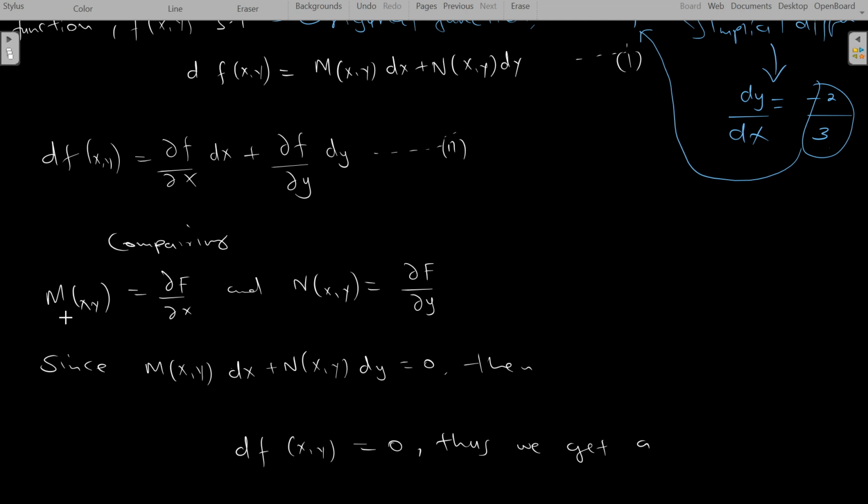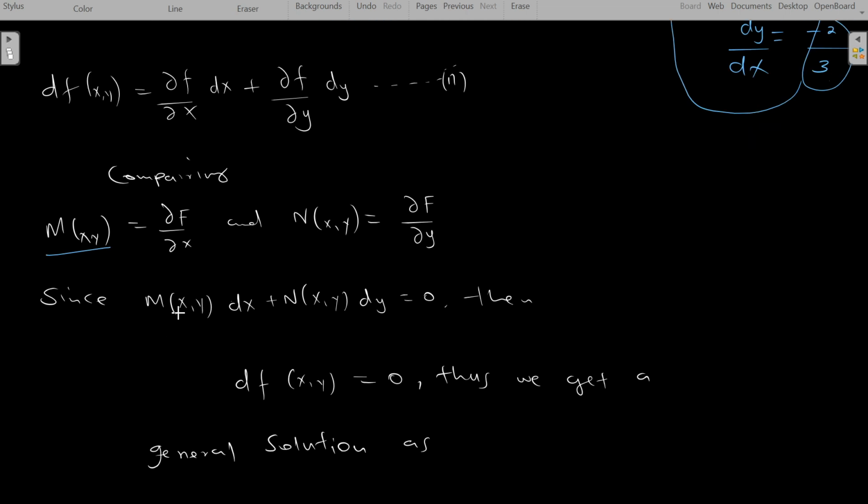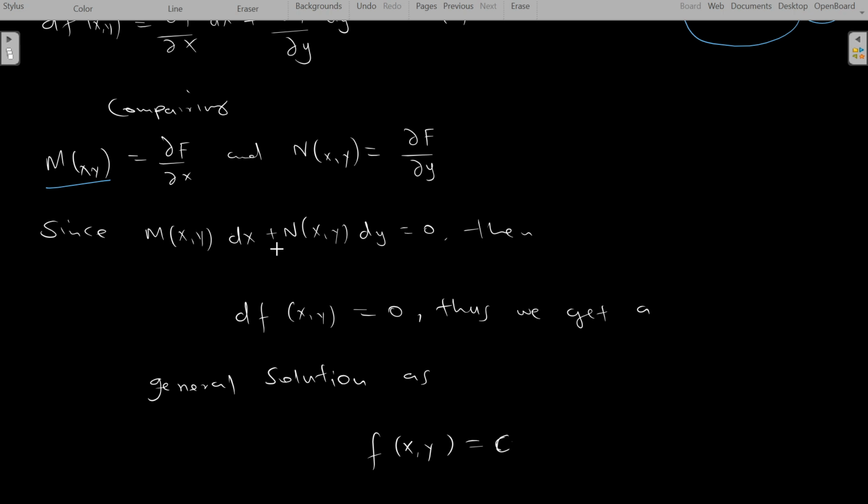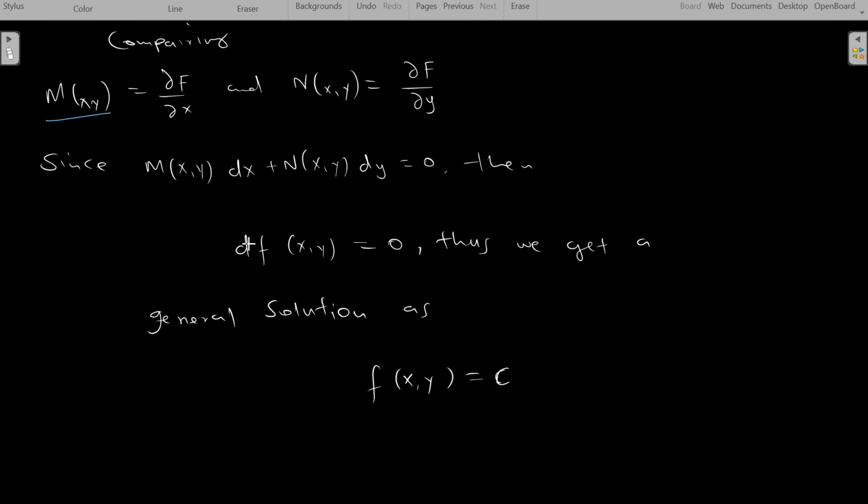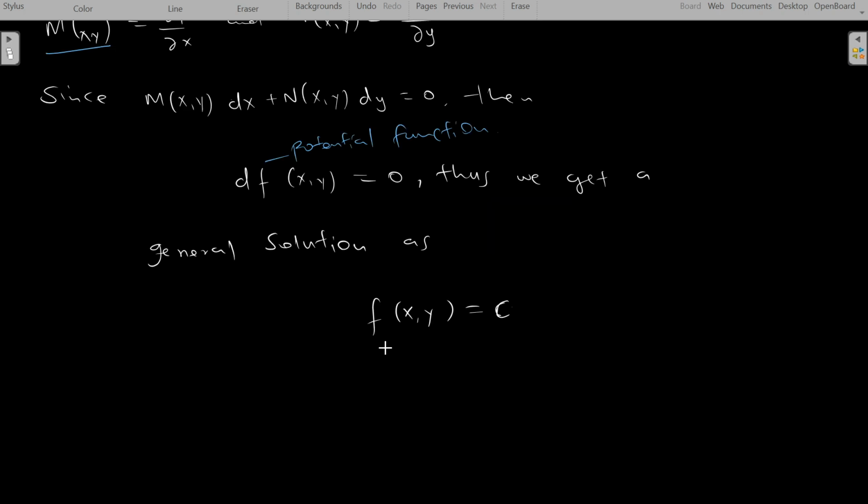Comparing these, M is the partial of f with respect to x, and N is the partial of f with respect to y. Because M dx plus N dy equals 0, the derivative of our potential function equals 0, so the general solution is that the potential function equals a constant.